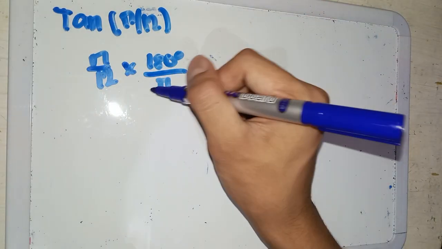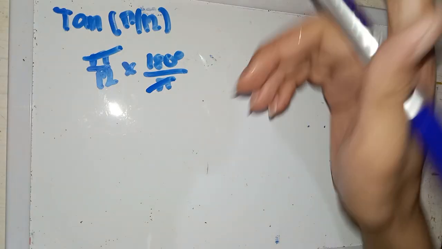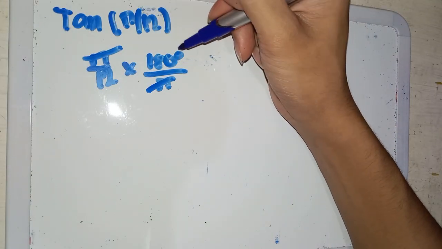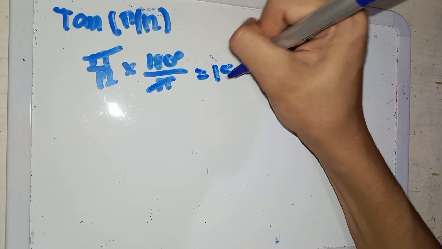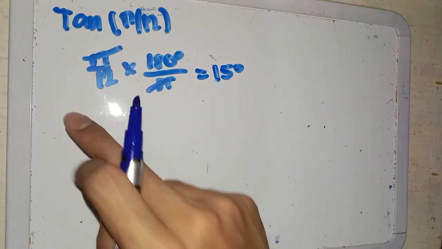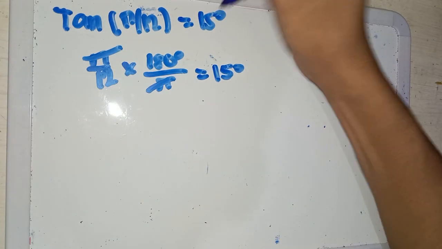So we need to cancel this one. And the next step is we need to divide 180 by 12. So 180 divided by 12 is equal to 15 degrees. So tan pi over 12 is equal to tan 15 degrees.